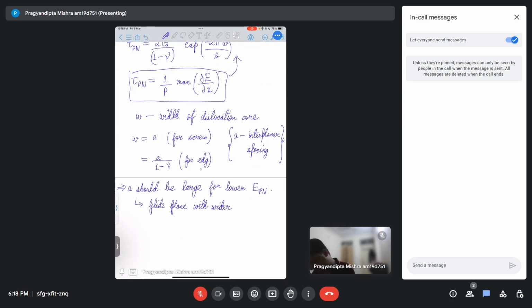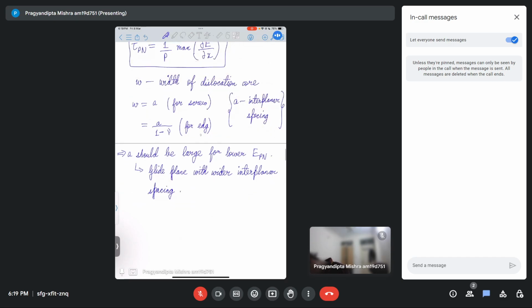Glide plane with wider interplanar spacing. And it should be the densest plane.